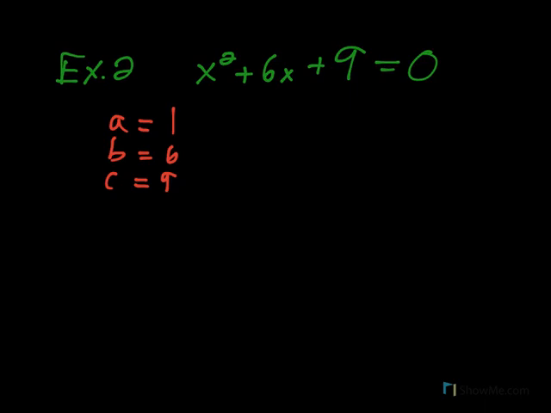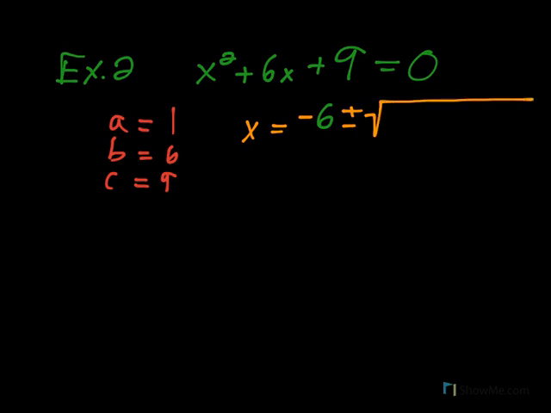Now let's use our quadratic formula, because we have that x equals negative b, so b is 6, so negative 6, plus or minus the square root of b squared. What is b squared?